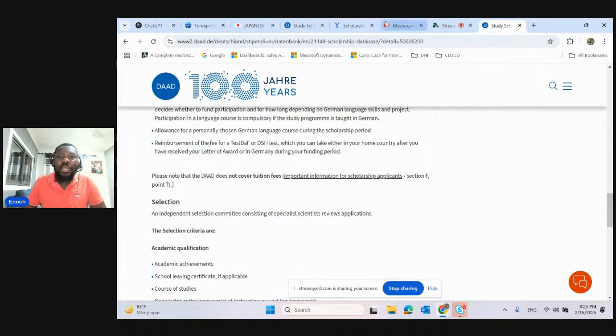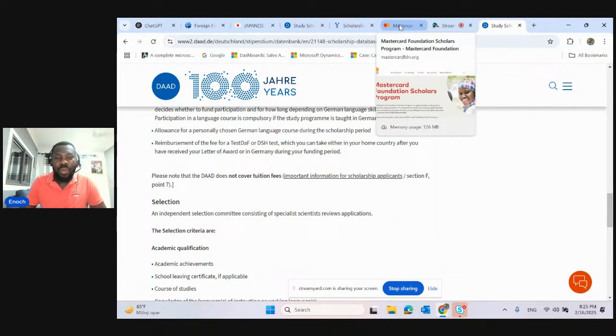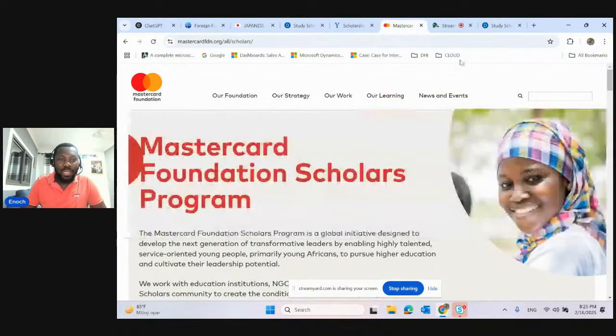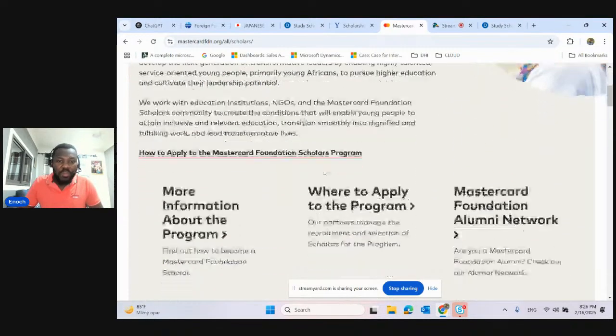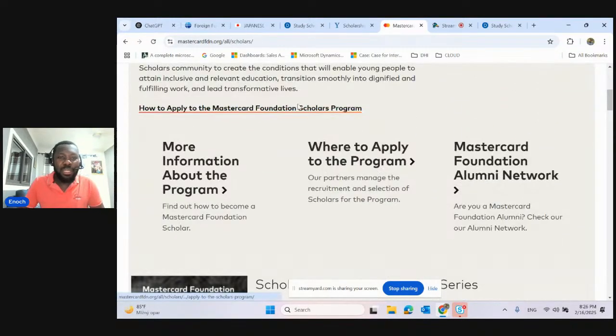Now maybe the last scholarship I will look at is the Mastercard Foundation Scholarship. So, how to apply for the Mastercard Foundation Scholars Program? You can find more about the programs here.